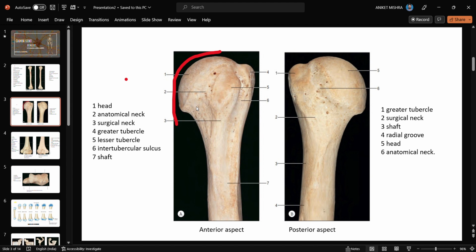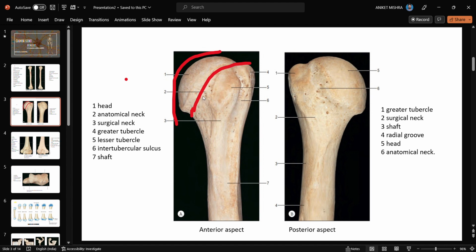We will also see the anatomical neck. This is the line where the sphere, or the round head of the humerus, is formed.